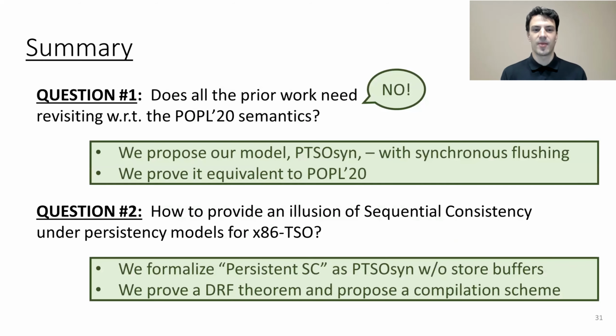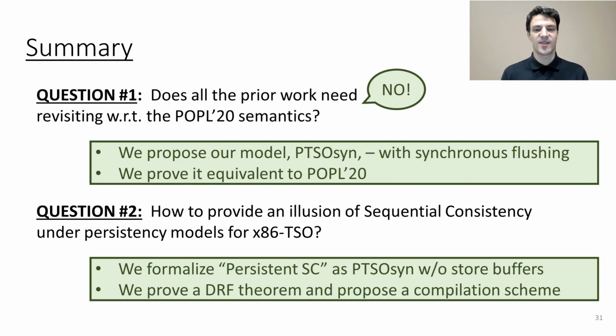Overall, I've told you about the progress that we did in answering the question relating the prior work with implicit and possibly informal assumptions about this eager and more synchronous behavior of persist instructions and the POPL 20 semantics. There is no need to revisit the prior work, and we answer that by proposing our model for x86 PTSOSYN with this eager and synchronous flushing, and we prove that this model is equivalent to the POPL 20 model.